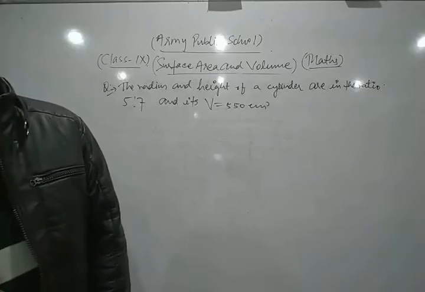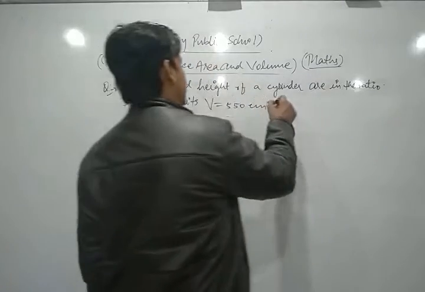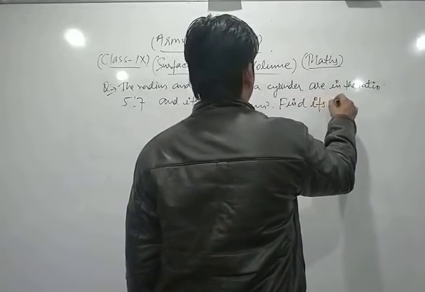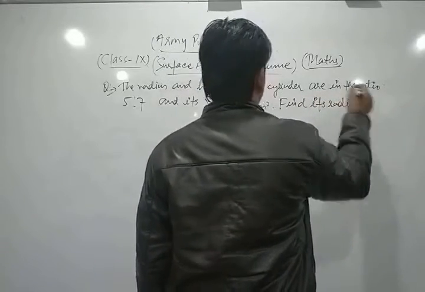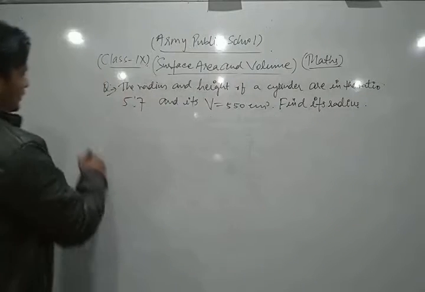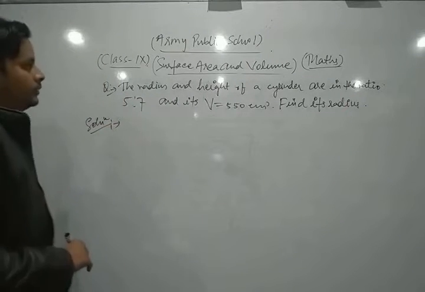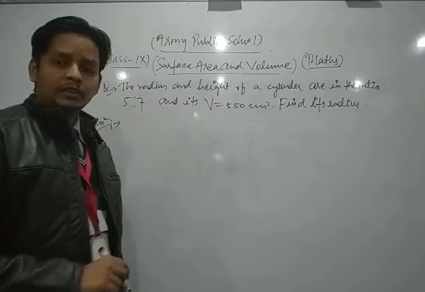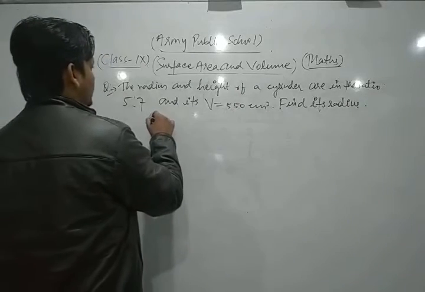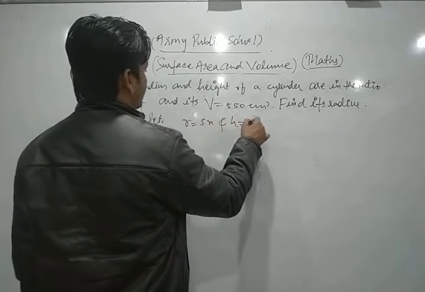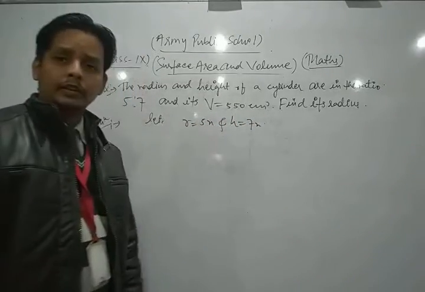Find its radius. Now let's see the solution. So here the radius and the height of a cylinder are in the ratio given. So let the radius be 5x and height be 7x respectively.